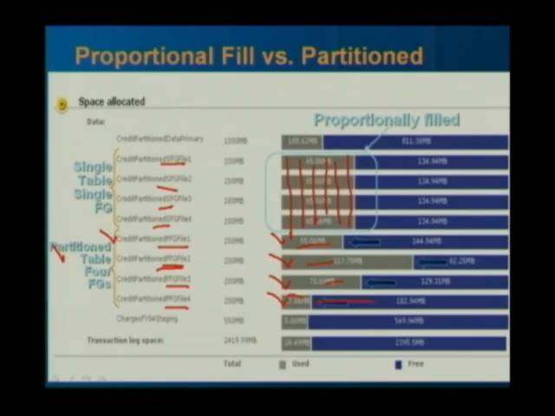If January's data is not changing and I need to do a rebuild of that which is changing, then I don't have to touch this, I don't have to touch this, I only have to rebuild the current and active partition. And the numbers, I did a whole bunch of performance metrics off this scenario here that you just see the screenshot of.